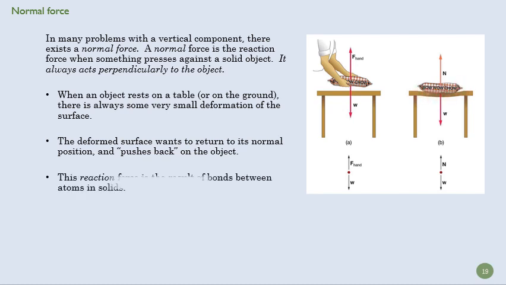And that's what causes the force that keeps the dog food there. This reaction force is the result of atomic bonds. The bonds holding that solid material together are at the distance they are because there's a balance in atomic forces. And so when I press down on it and push some of those molecules closer to each other, they don't want to be closer to each other. And so they push back. They try to return to their normal static state.